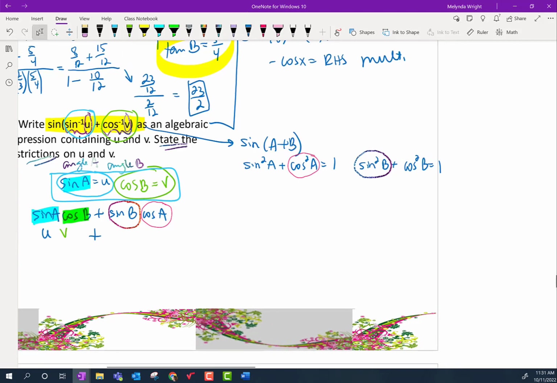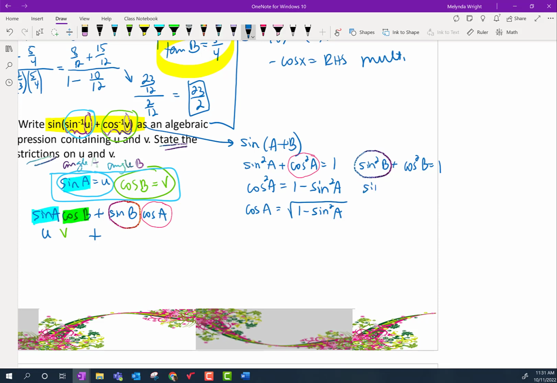All right, in the first one we're going to solve for cosine. So cosine squared A equals 1 minus sine squared A. To get cosine to the single power, we have to square root both sides. So cosine A is simply the square root of 1 minus sine squared A. Let's do the same thing on the other Pythagorean identity.